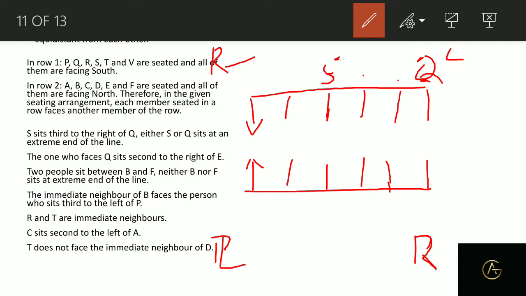Then the one who faces Q sits second to the right of E. The one who faces Q means the person sitting here is second to the right of E. If E is here, then right is this way, E is right, second is Q's opposite. Who sits here? We don't know.